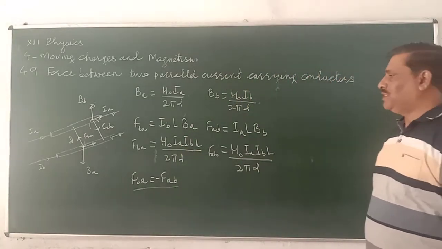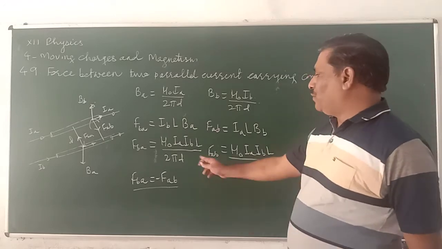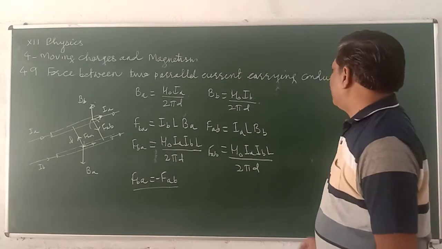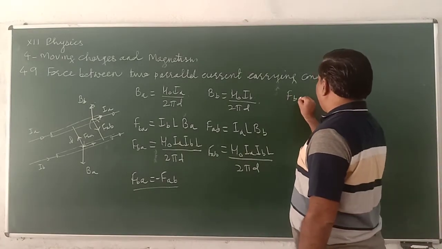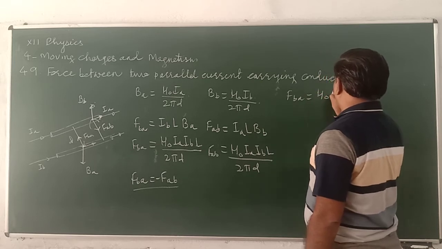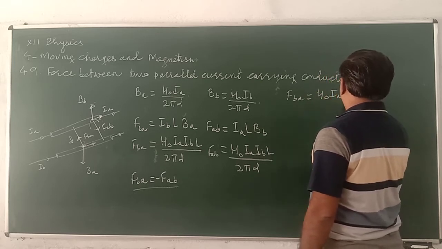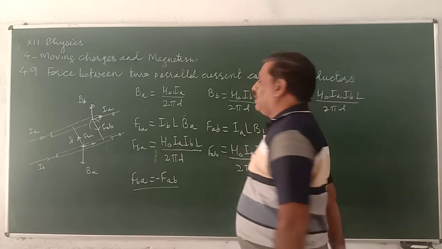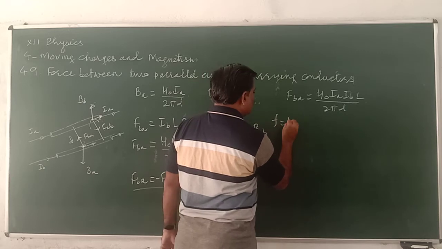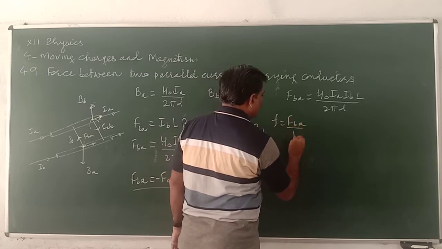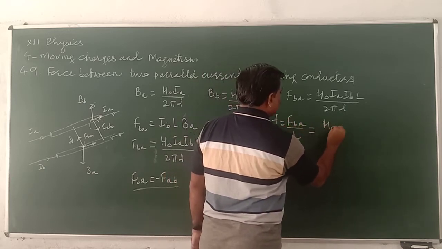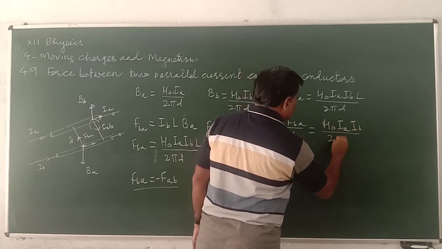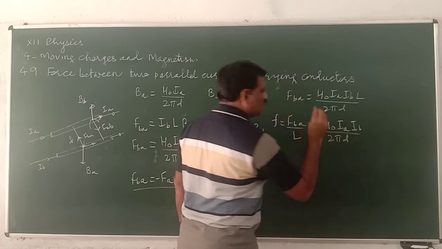Now from this, since these forces are equal and opposite, we are able to define the ampere. FBA is equal to mu 0 IA IB L divided by 2 pi D. Let us define F as FBA divided by L, which is equal to mu 0 IA IB divided by 2 pi D, the force per unit length.